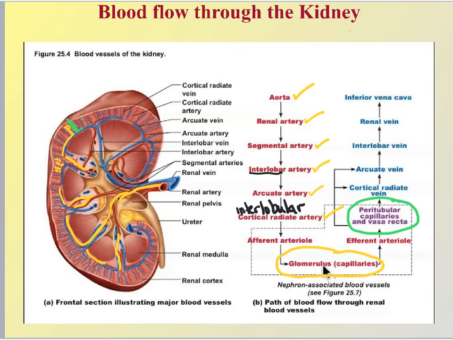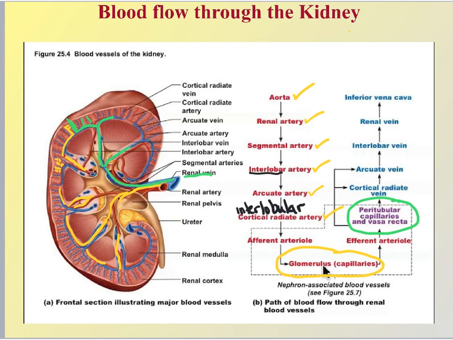All of those cortical radiate veins are going to dump their blood into arcuate veins. Those arcuate veins are going to merge together and drain their blood into interlobar veins. And then many interlobar veins are going to dump their blood into the renal vein, which is here. That's this big blue structure right here.